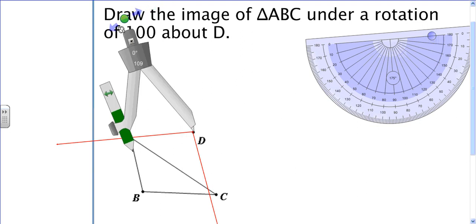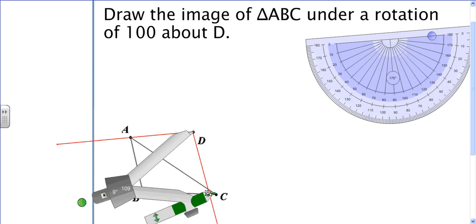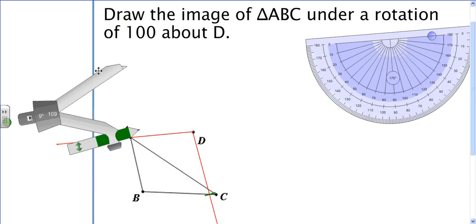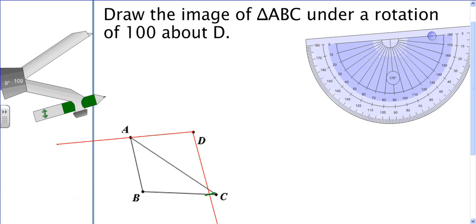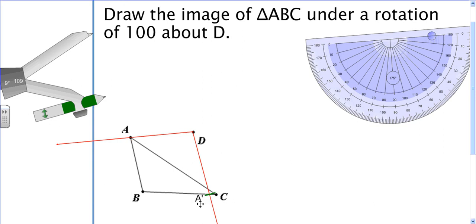So that's the right distance. Now we're going to go over to our red line and mark a point right there. That's actually going to be my image point, A prime. And this one's a little bit weird because it happens to be almost exactly where we see point C.